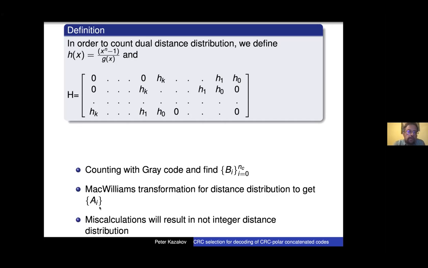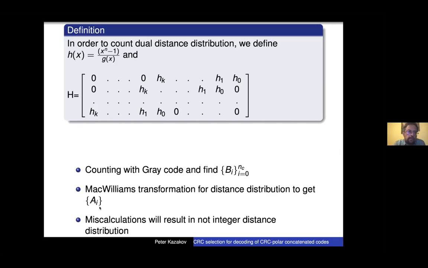When we are shortening the code, we are starting from the right side of this matrix, and shortening by one position means to cut the upper right column, shortening by 2 positions, again, the 2 upper right columns, and so forth.